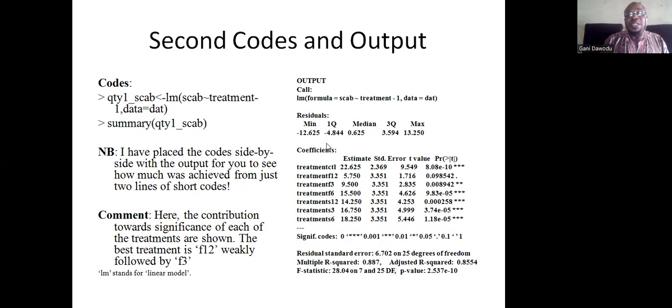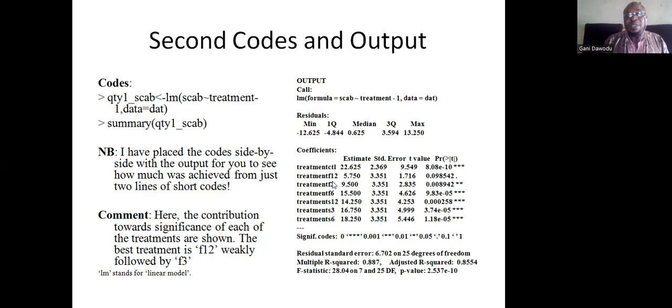I have placed the codes and the output side by side so that you can easily see. Here, the contributions towards the significance of the treatment are shown. See, that is significant. Why is this significant? The control and these other ones are the same. In fact, nothing is treated with respect to these ones.